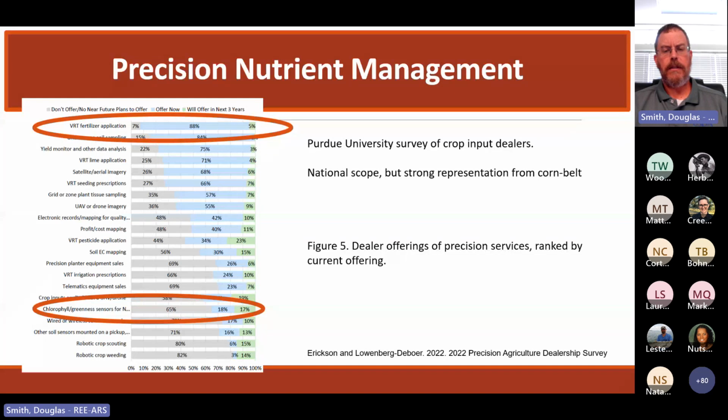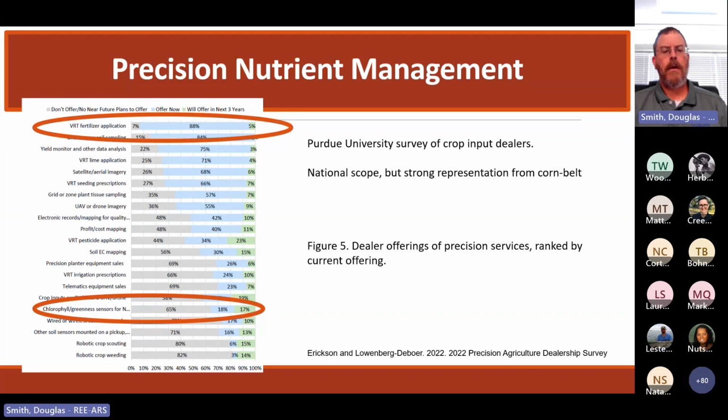They surveyed these dealers nationally, but there is a very strong representation in their survey from the Corn Belt. The circle at the top highlights variable rate fertilizer applications. As of last year, about 88% of the dealers reported that they were currently offering variable rate fertilizer technologies.